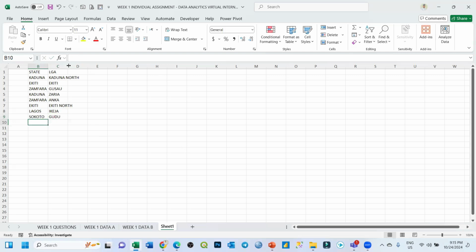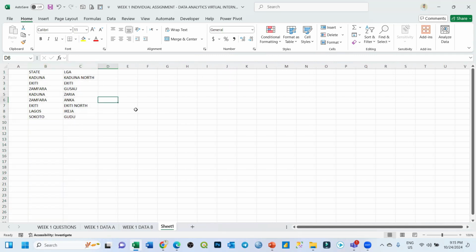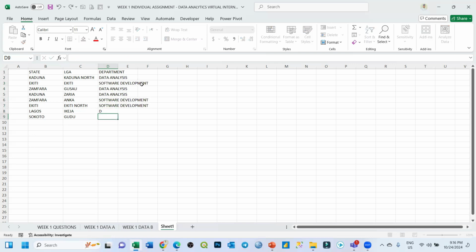I just want to give you this criteria. Let's say we have a department. I'm just writing a department: data analysis, software development, data analysis, software.